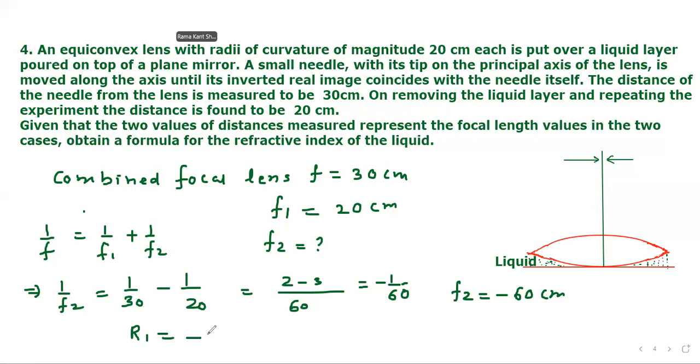So it will be minus 20 cm, and R2 will be infinity. So we can find 1 upon f2 equal to mu minus 1 times 1 upon r1 minus 1 upon r2. So we put the values.